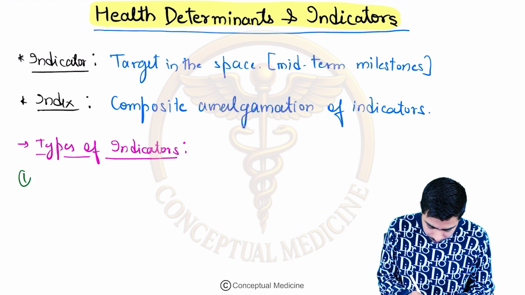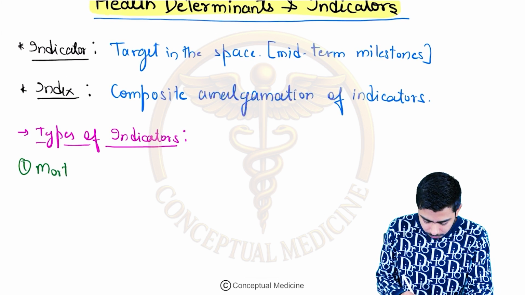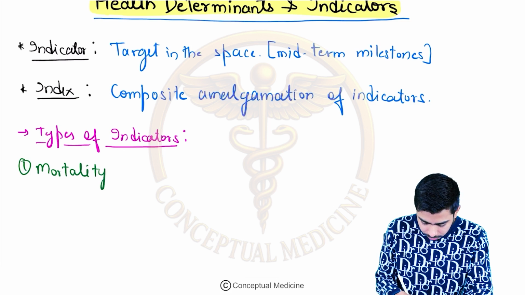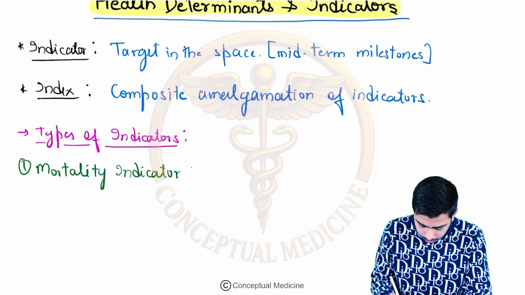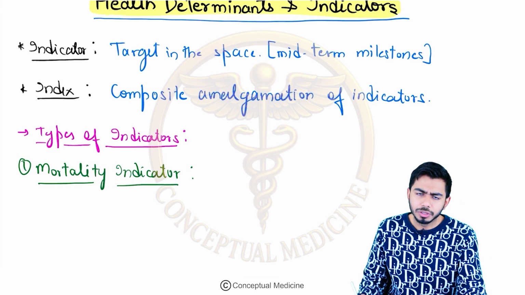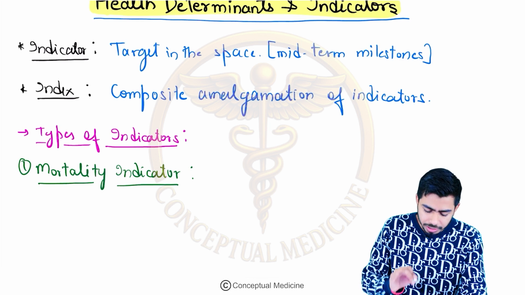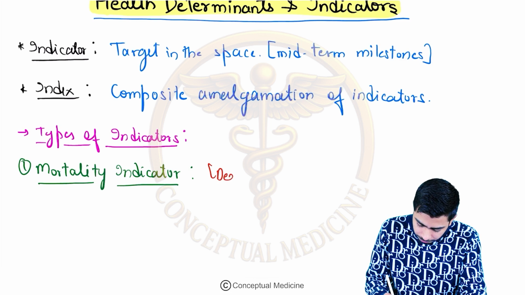Among that, the first one is the mortality indicator. Mortality indicator basically tells about the deaths in the community. This is basically your death indicator.